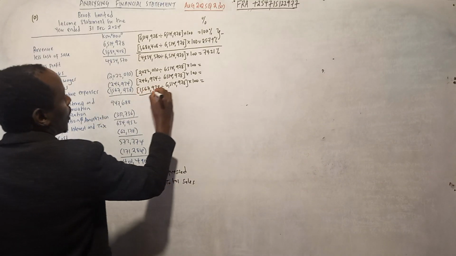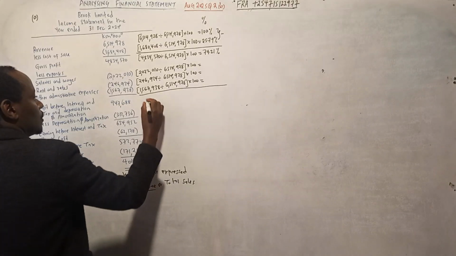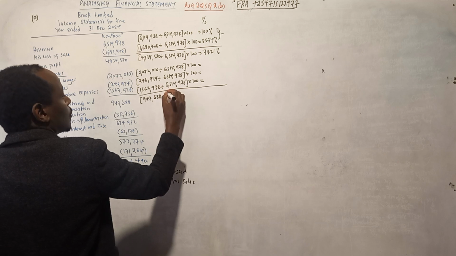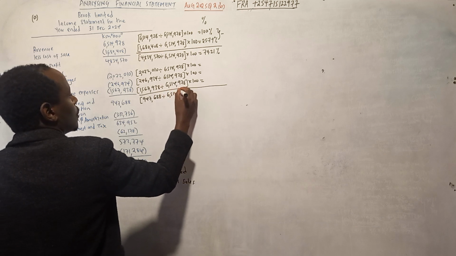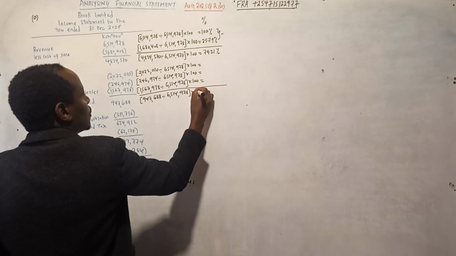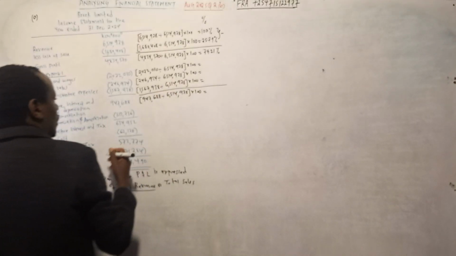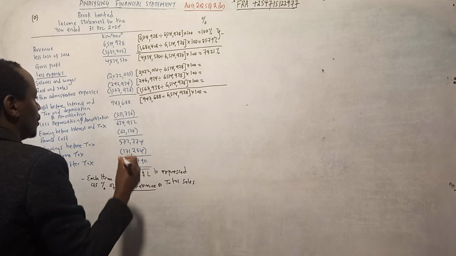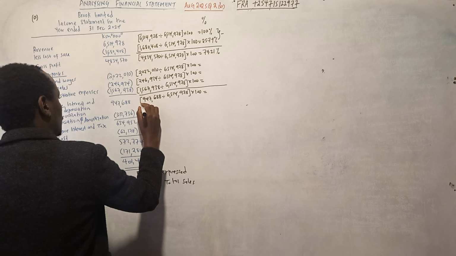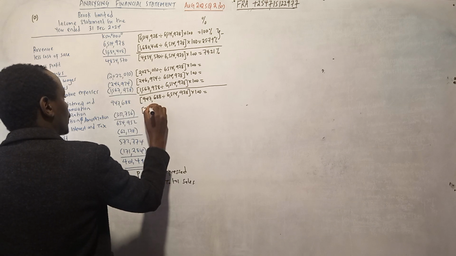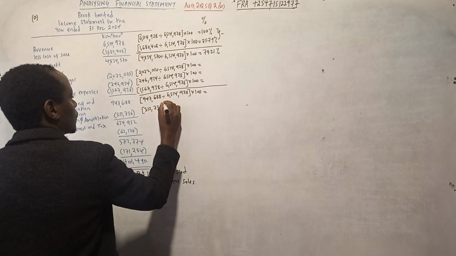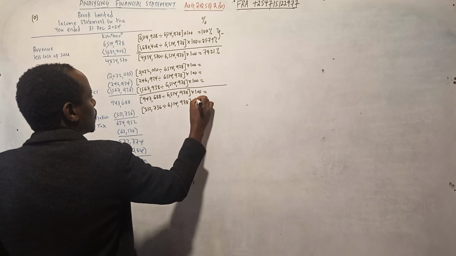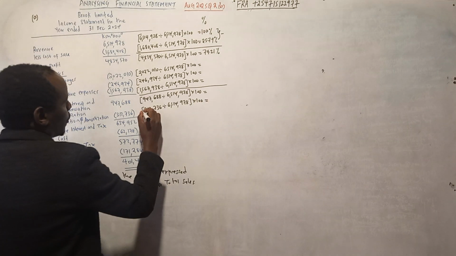Then we get our profit before tax, 947,688 divided by 6,514,978 times 100. Then we deduct depreciation. This is 312,736 divided by 6,514,978 times 100.